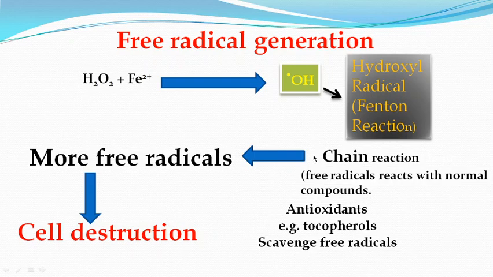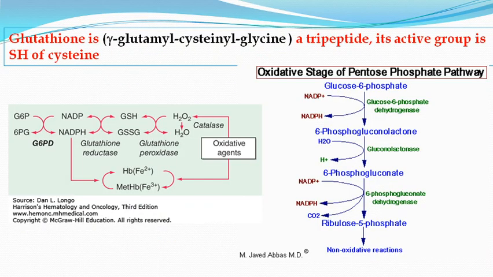So once free radicals are generated, they will carry out a chain of reactions that can produce more free radicals, and such free radicals will cause cell destruction. Antioxidants, for example tocopherols, vitamin C, or beta carotenes, scavenge such free radicals and protect against hemolysis.